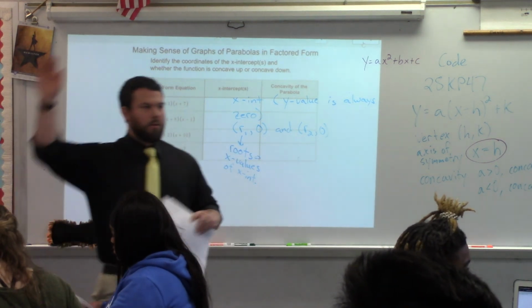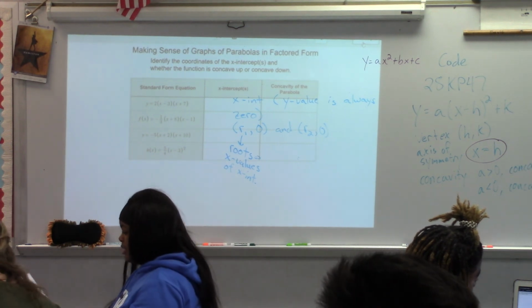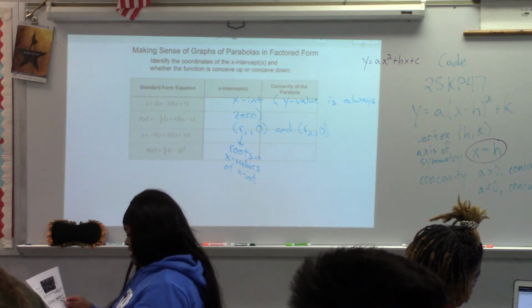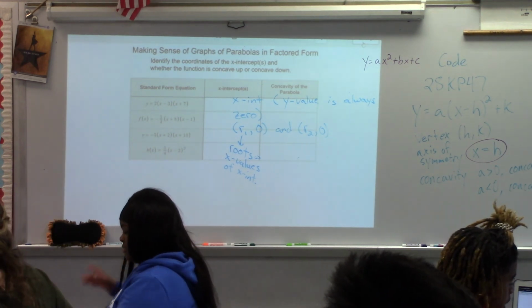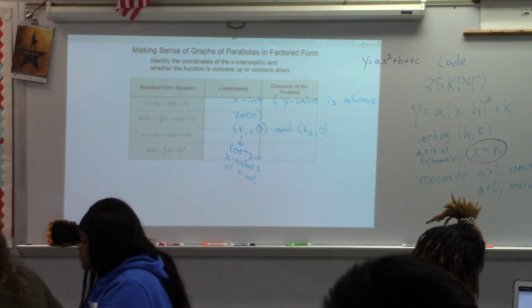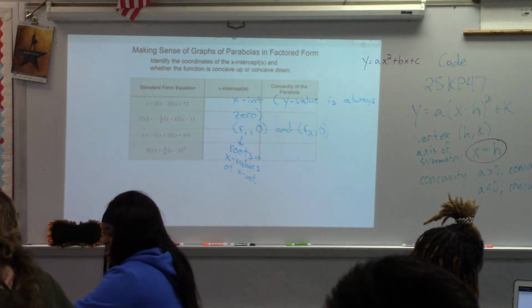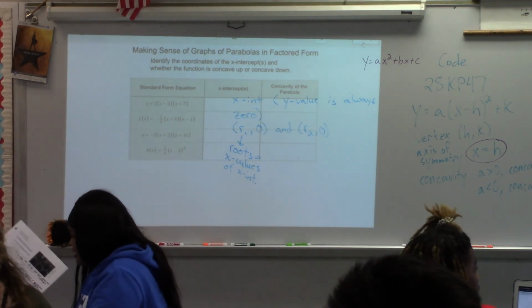I did already collect these blue graphic organizers. You should have the full front page done. If you don't, and you finish it during enrichment, you can bring it back and it's not late.